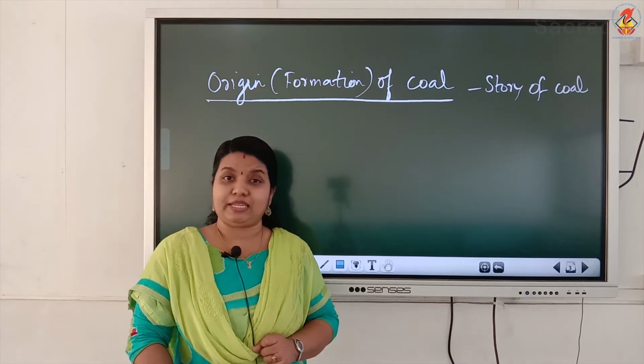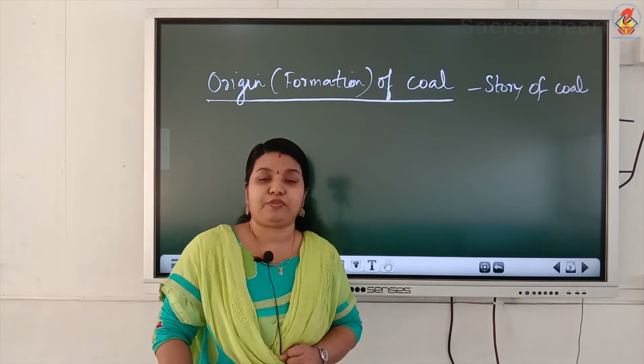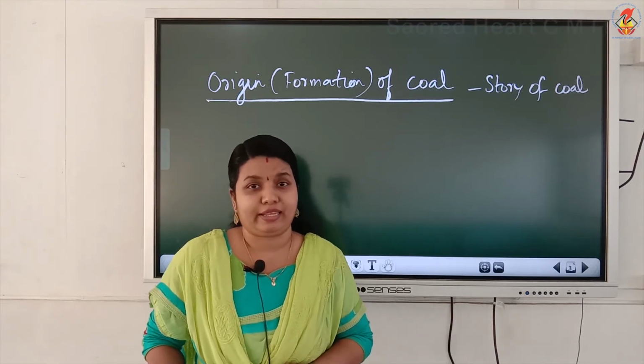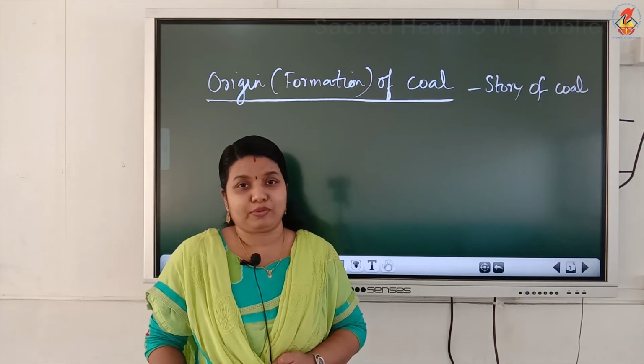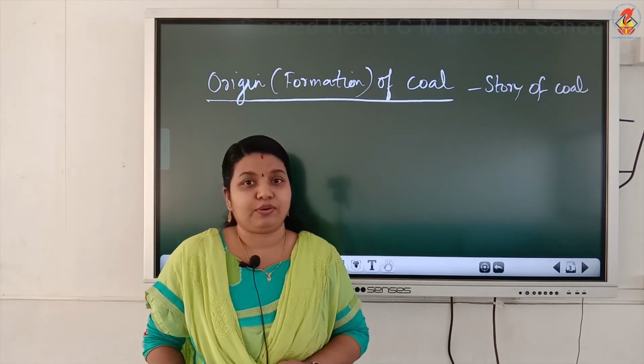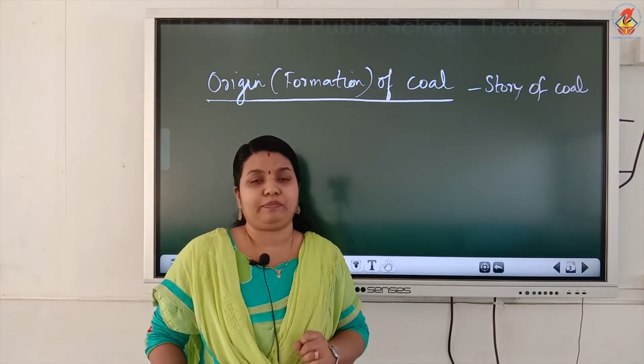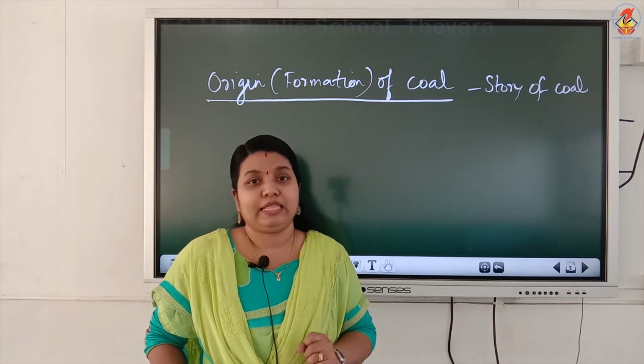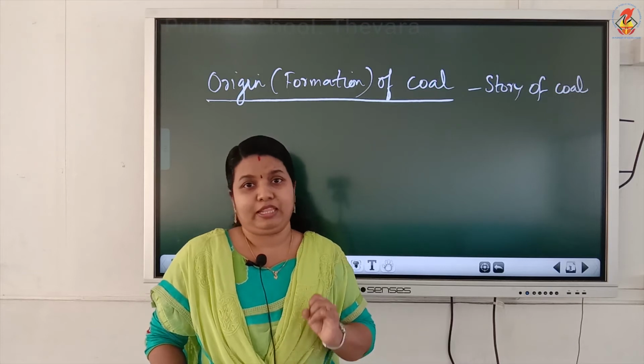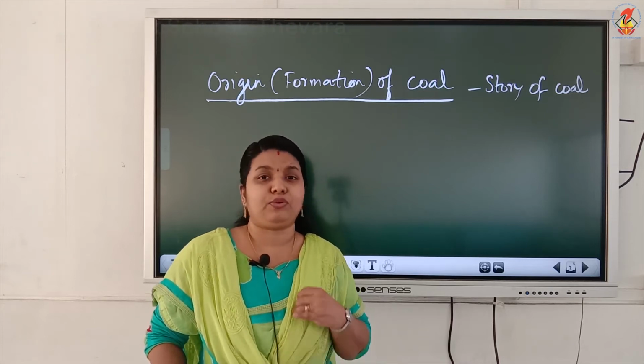About 300 million years ago, the earth had dense forests in the low-lying wetland areas. Due to natural processes like flooding, these forests got buried under the soil. As more and more soil got deposited over these dead forests, they sank deeper and deeper. They were compressed and the temperature also rose.